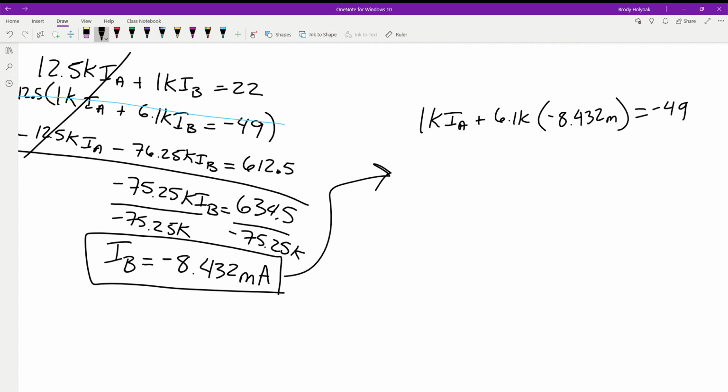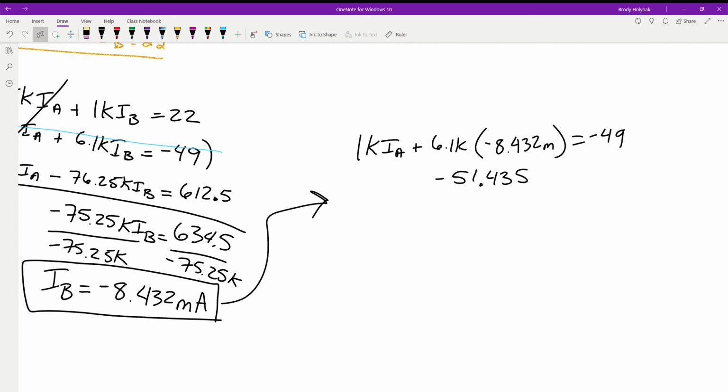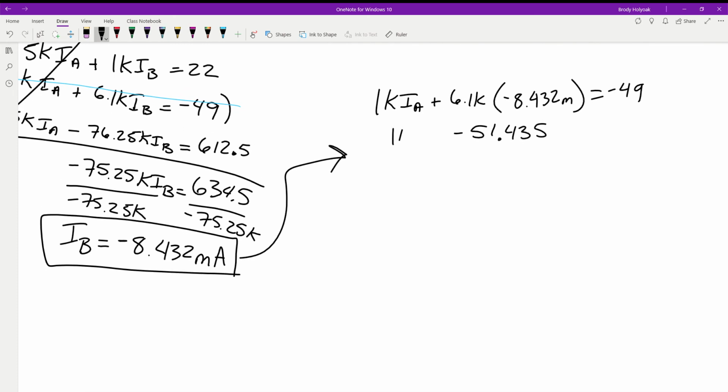So what does this voltage come out to be? Okay, negative 51.435. 1K IA minus that value is equal to 49. Now we want to get that value to the other side of our equal sign, so we're going to add 51.435 to each side.